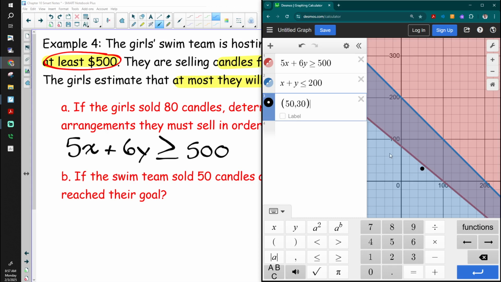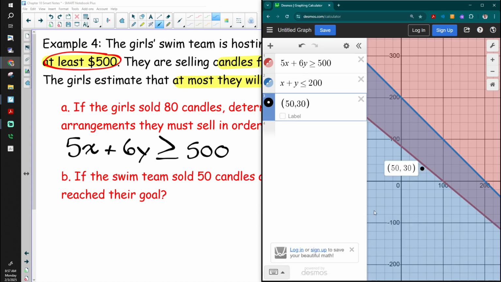We see our point, 50, 30. No siree. It's in the blue, but it's not in the red. So we didn't reach our goal. If we did 50 candles and 30 flower arrangements, we would not reach our goal.